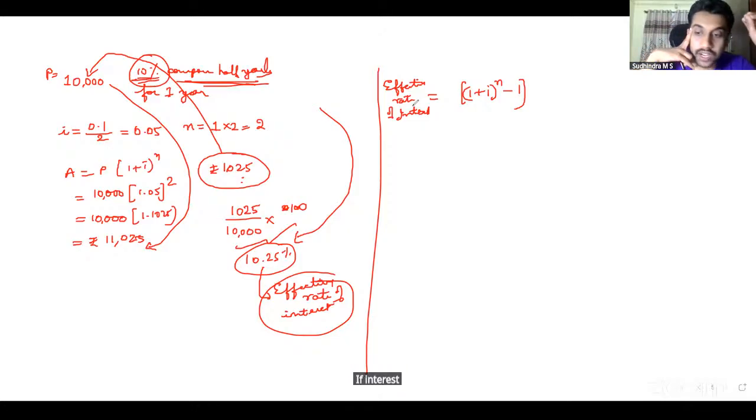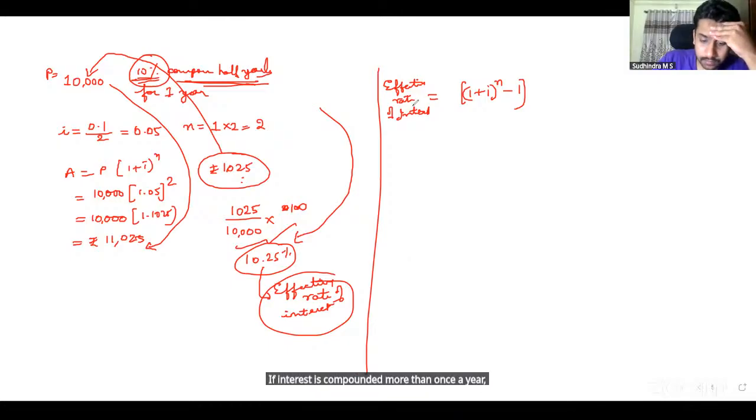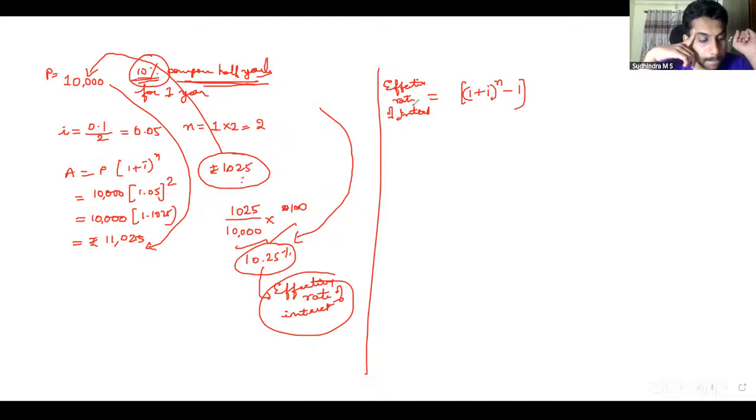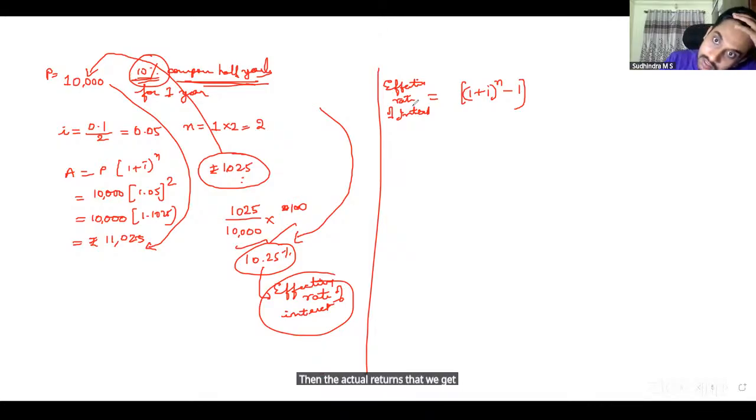If interest is compounded more than once a year, then the actual returns that we get exceeds the per annum rate.